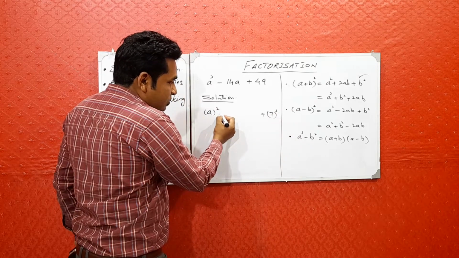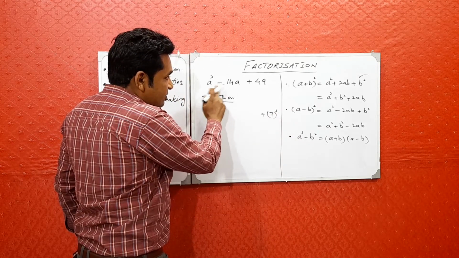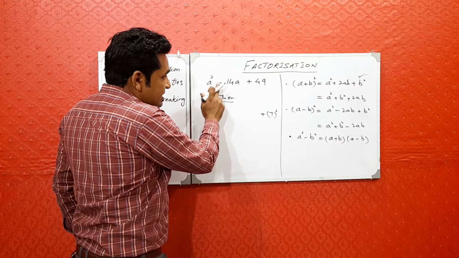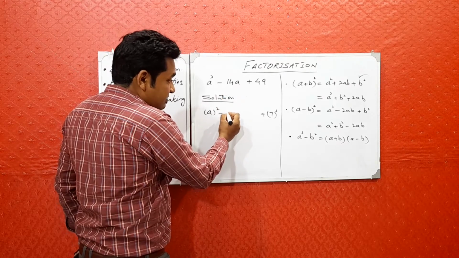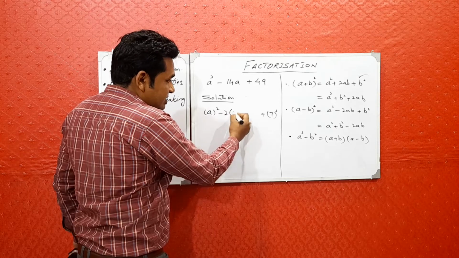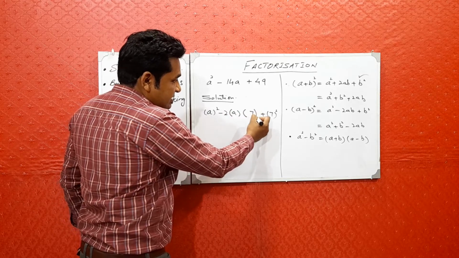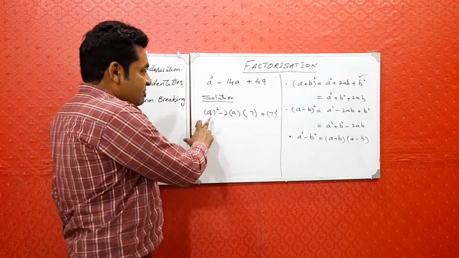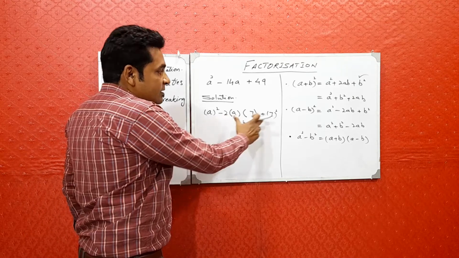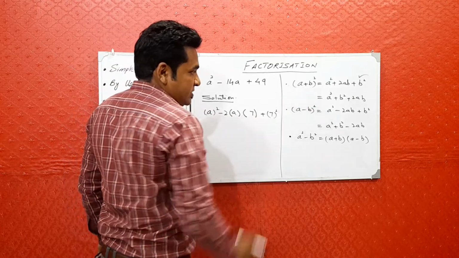Now here you have to use the negative sign, because the sign of the middle term is negative. So you use a negative sign and 2, and the first term is a and the last term is 7. Now this has become a squared minus 2ab plus b squared, the second identity.